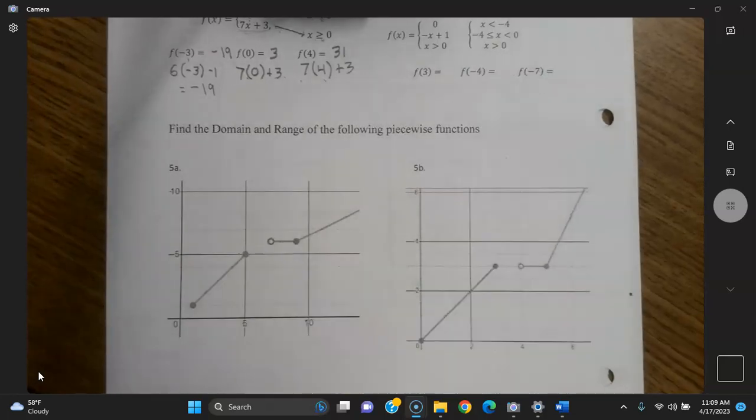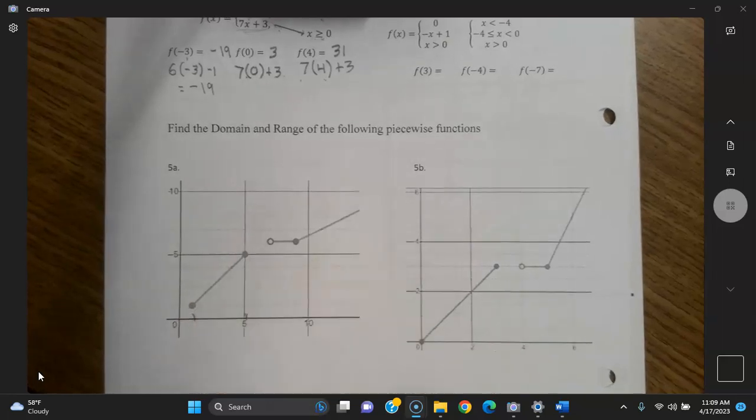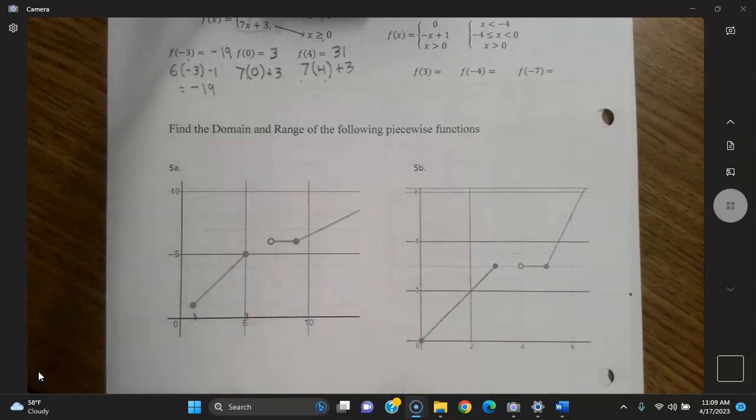All right, so let's see what this would be. So it's a little hard to make out these lines, but I think they're good enough. You can see this is 5, this is 0, so this is going to be on the x-axis 1. So what is the domain? It goes from 1 to 5, and notice that those are solid dots, so it includes both 1 and 5. Then it skips over to about 7. This is 7, and notice it does not include 7.